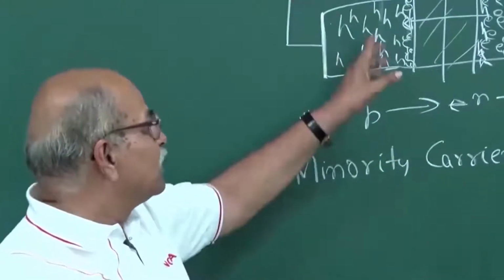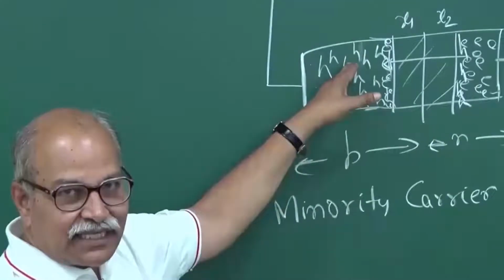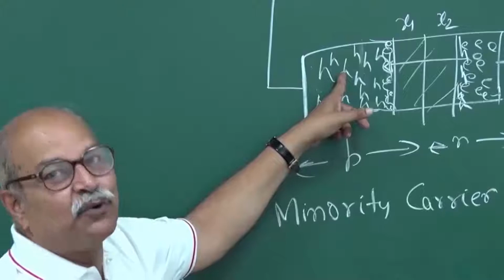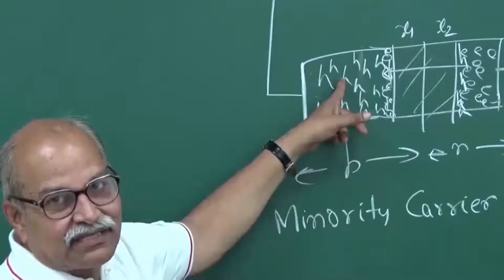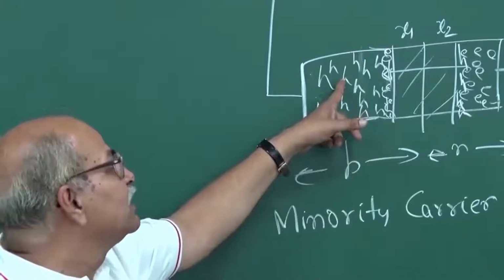Because the electron has come from outside and it has gone, that is all right, but the hole has also gone together with it, and if a hole has gone, that means negative charge has appeared. So somewhere that negative charge is to be withdrawn.